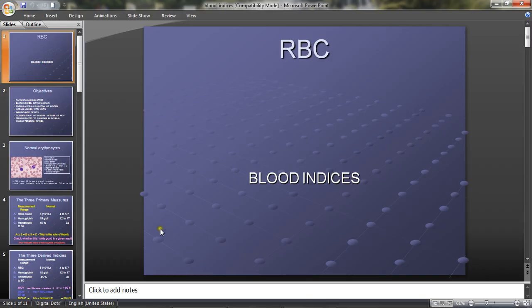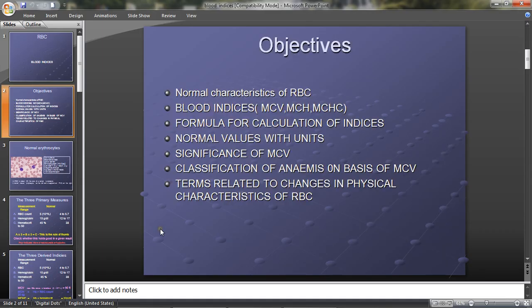Blood indices. The objectives of this lecture are to define normal characteristics of RBC, blood indices, MCV, mean corpuscular volume, mean corpuscular hemoglobin MCH, MCHC, mean corpuscular hemoglobin concentration.